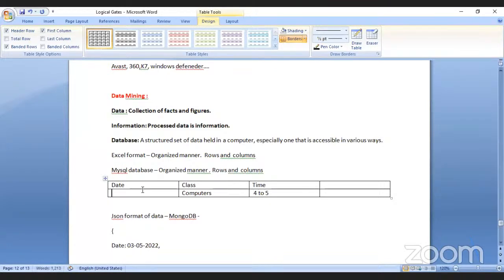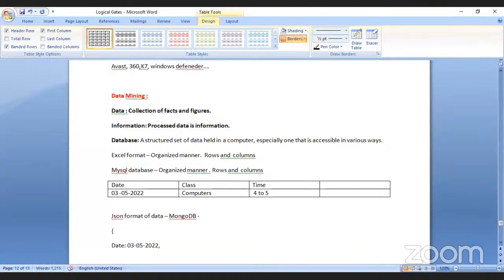So the same information is in MongoDB and in MySQL. The data is the same, but the way of arranging is different. Just don't think about the date. I hope it is understood.